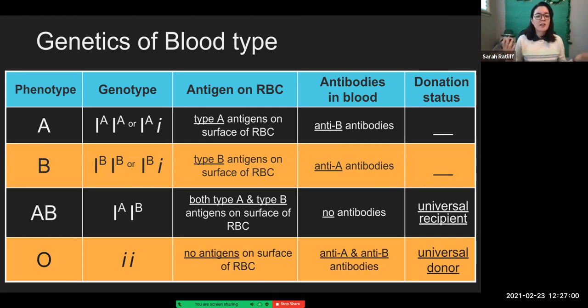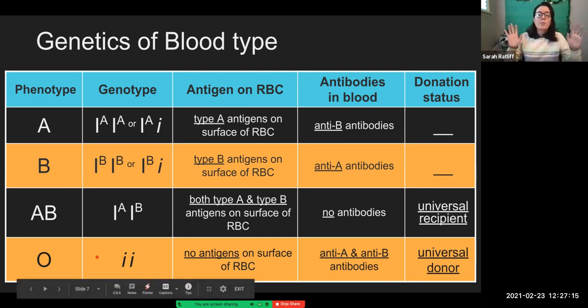There are none of those antigens attached to the type O blood. So type O blood is called the universal donor. Anyone can accept type O blood, again because it doesn't have that A or B antigen attached.